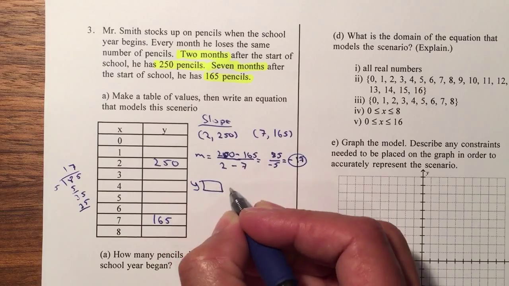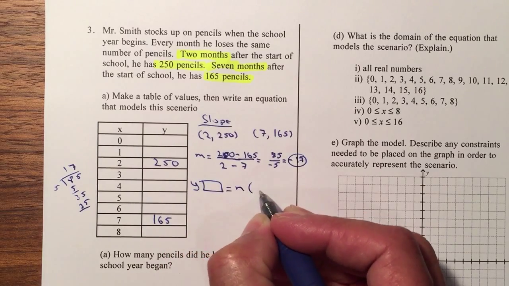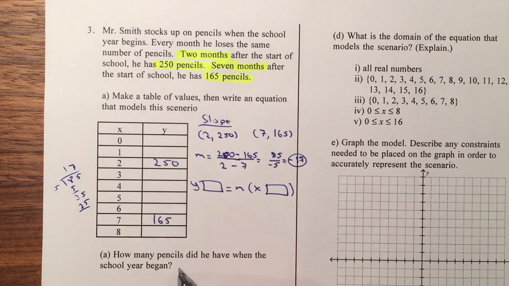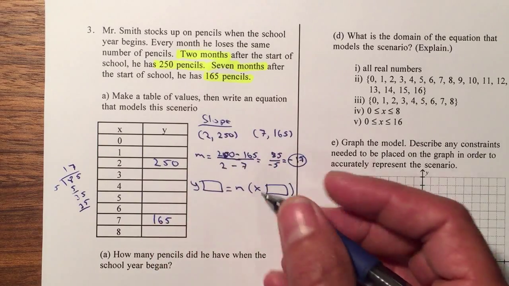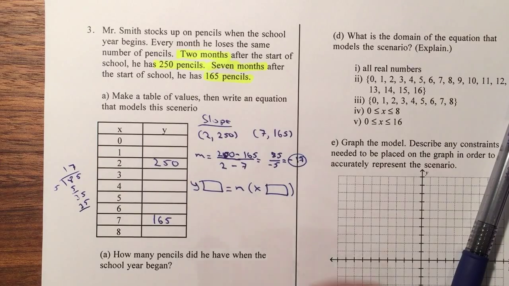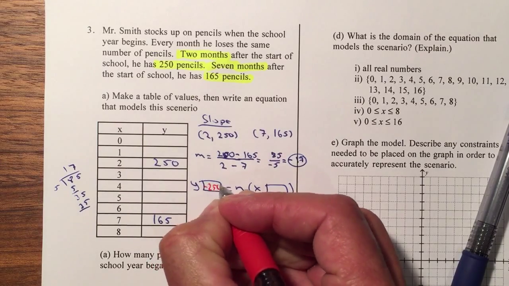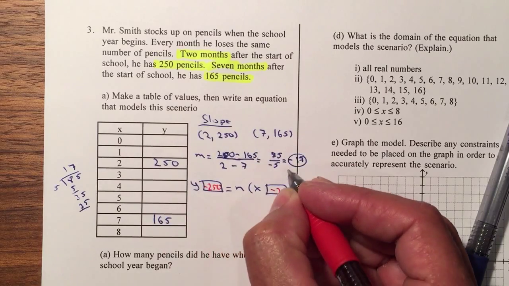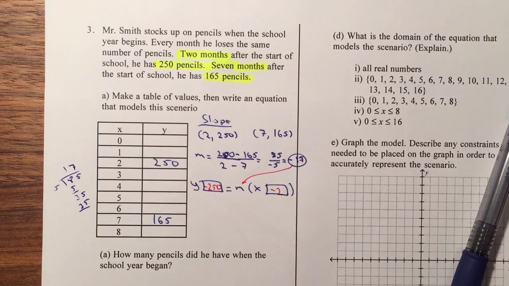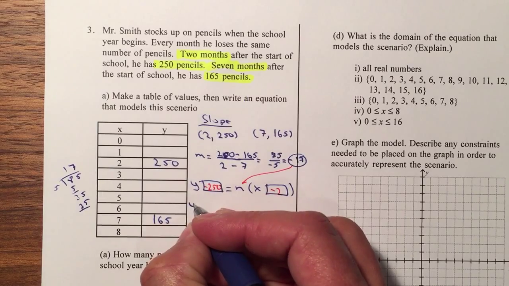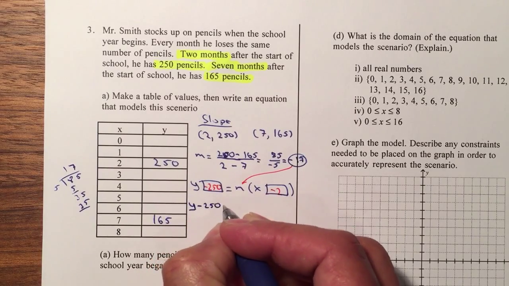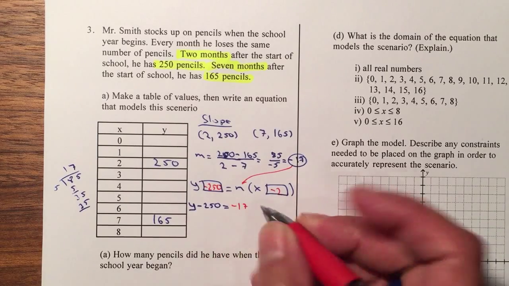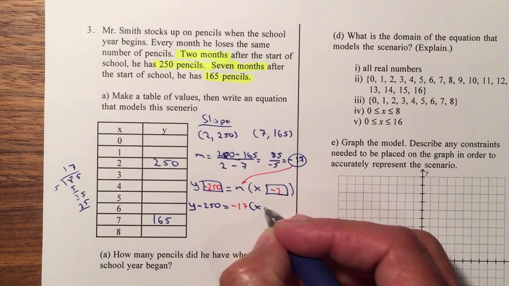y minus y1 is equal to m times x minus x1. And we're going to use the first point. So y minus 250 is equal to my slope, -17, times x minus 2.